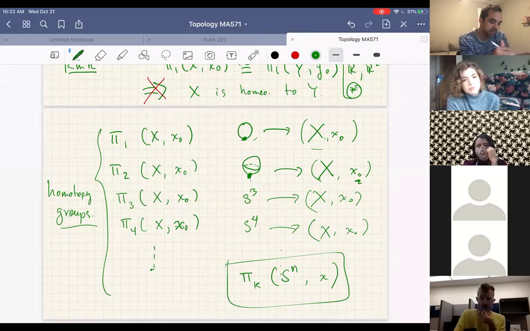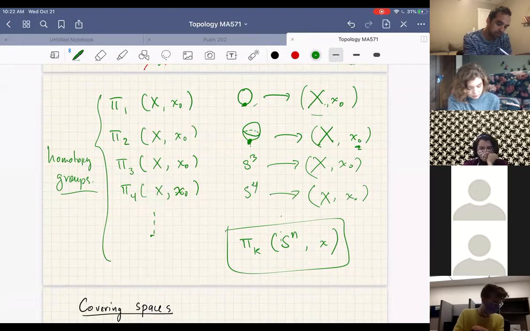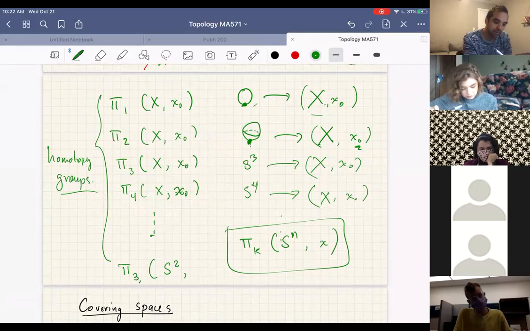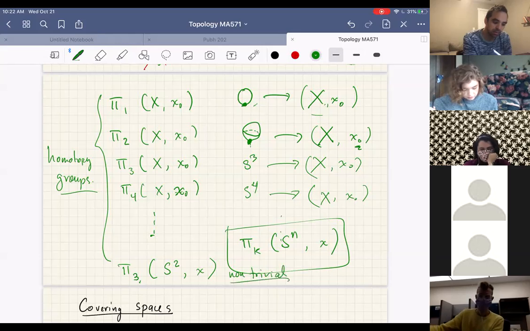But there are funny things that happen, which were discovered by Hopf. For example, you can look at the 2-sphere and the third homotopy group, and this will not be trivial. There are non-trivial ways to map a 3-sphere into a 2-sphere. But this you can compute.